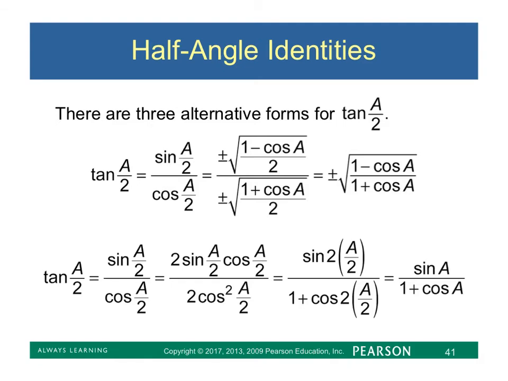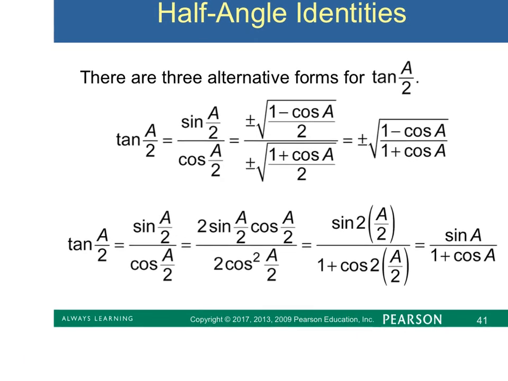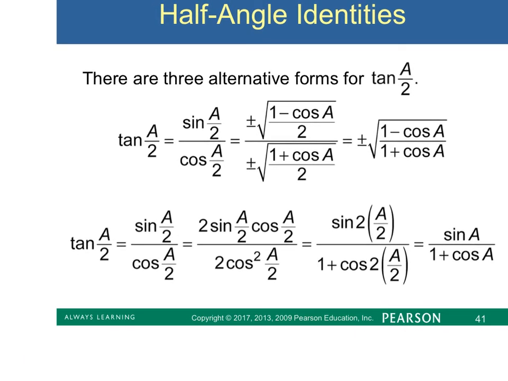Wow. Well, tangents. Half angle of tangent. I think I like what he did, this one right here. If you remember what the half angle of sine had the minus, and the half angle of cosine had the plus, and they're the same answer, then sine over cosine is always tangent.